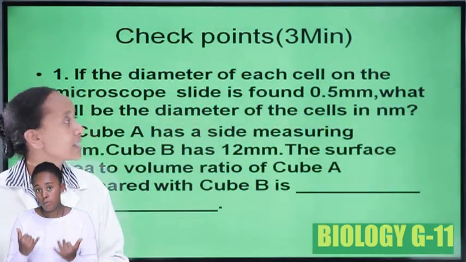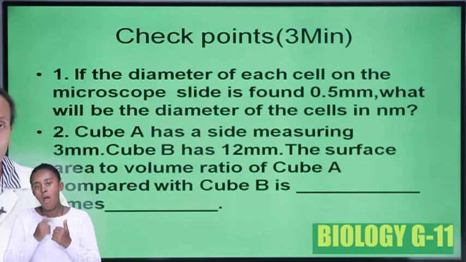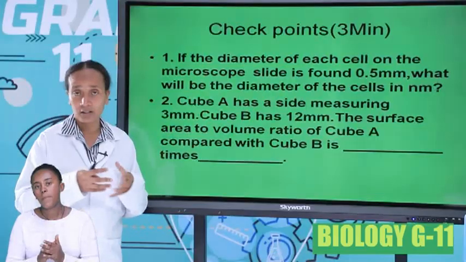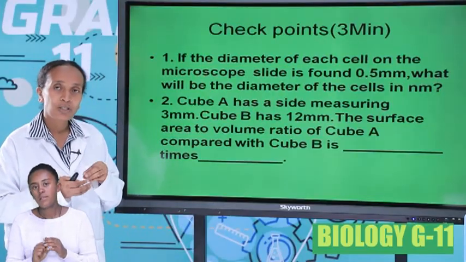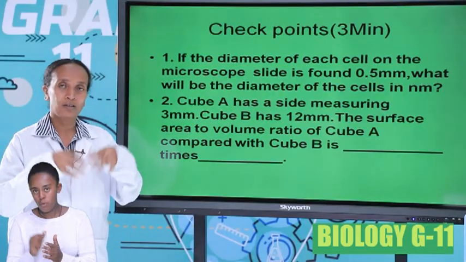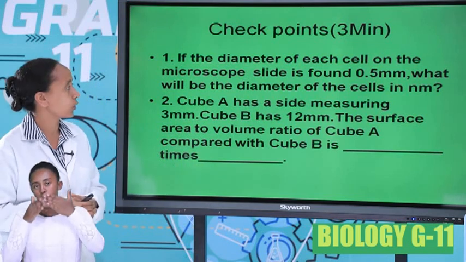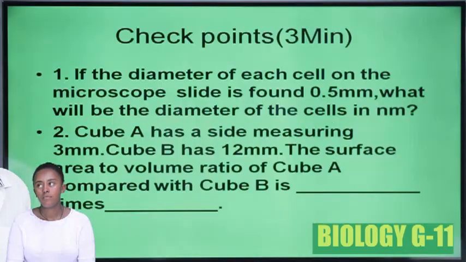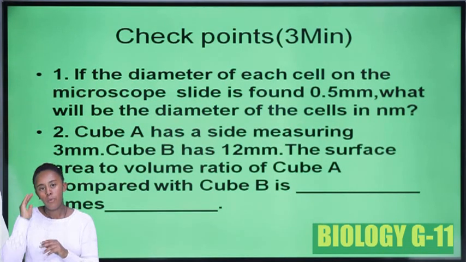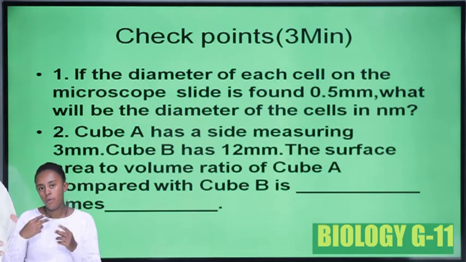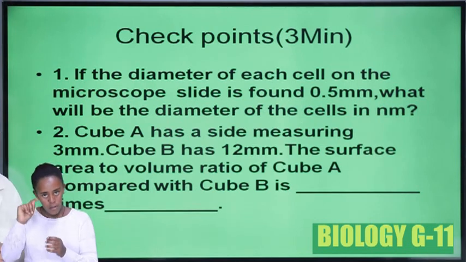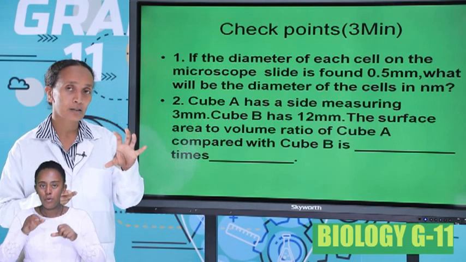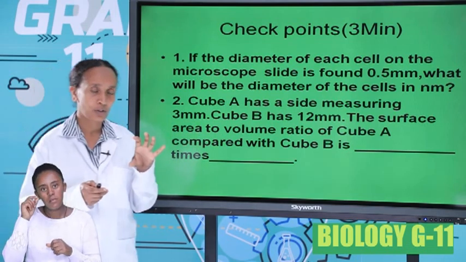Up to now, we have seen how we can measure cells and the importance of having a small size. This indicates that cells must be small so that they can build large organisms, and so that they can obtain necessary nutrients. Okay, to wind up our discussion, we have discussed cell theory and the development of cell theory, and in this part we have seen the contributions of 6 scientists or biologists.